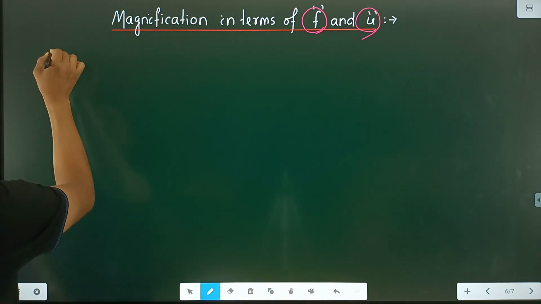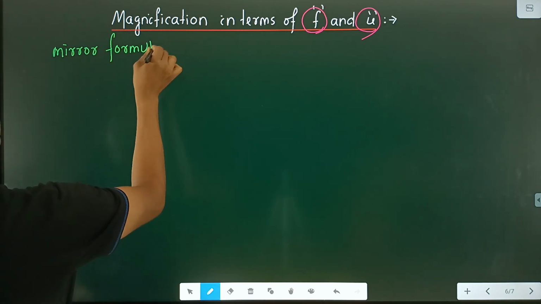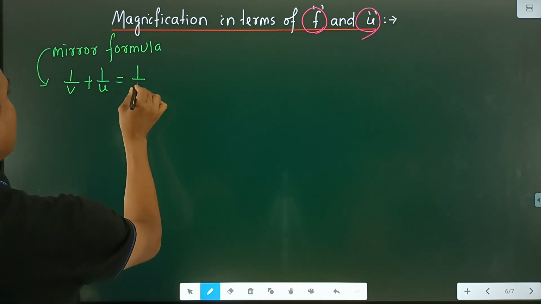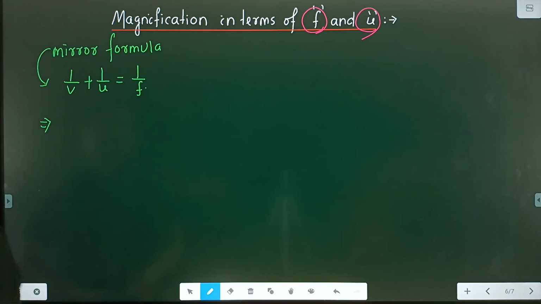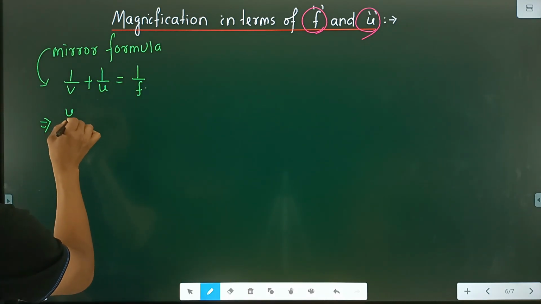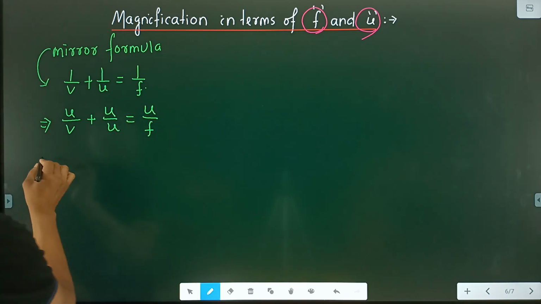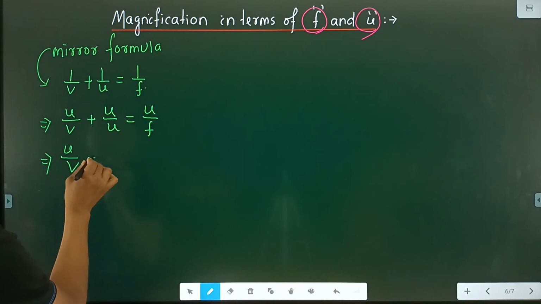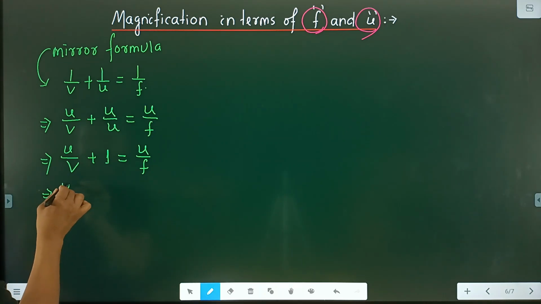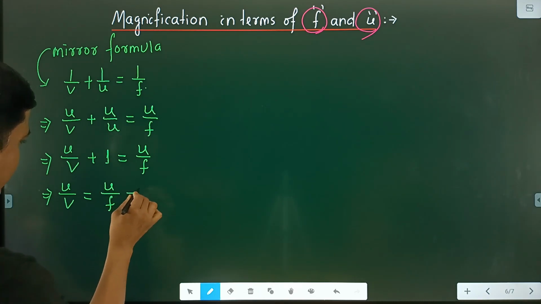For this, first we write the mirror formula, same thing. You know the mirror formula or mirror equation, that is 1 by V plus 1 by U is equal to 1 by F. That implies here you multiply U on both sides, the left hand side as well as the right hand side, so that we write U by V plus U by U is equal to U divided by F. That implies U by V plus 1 is equal to U by F. That implies U by V is equal to, we take 1 to the right hand side, U by F minus 1.